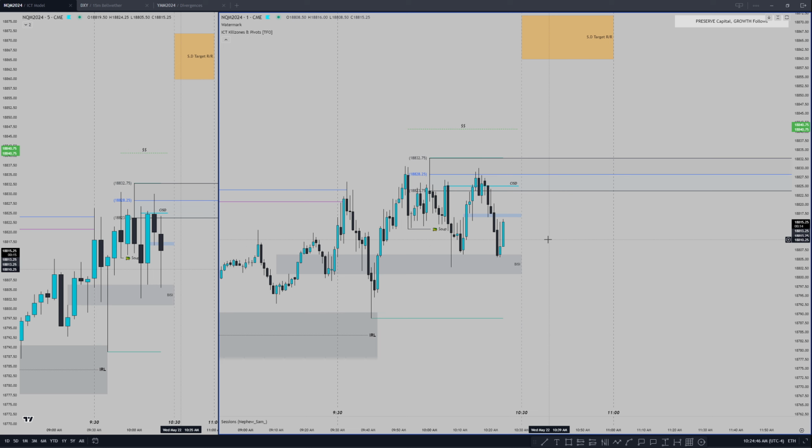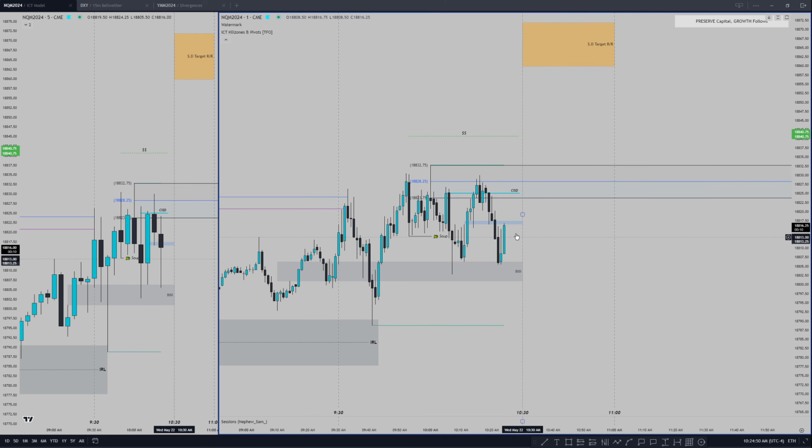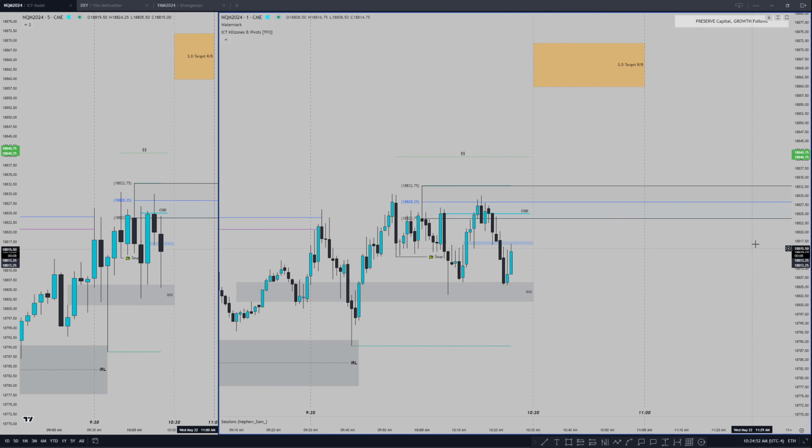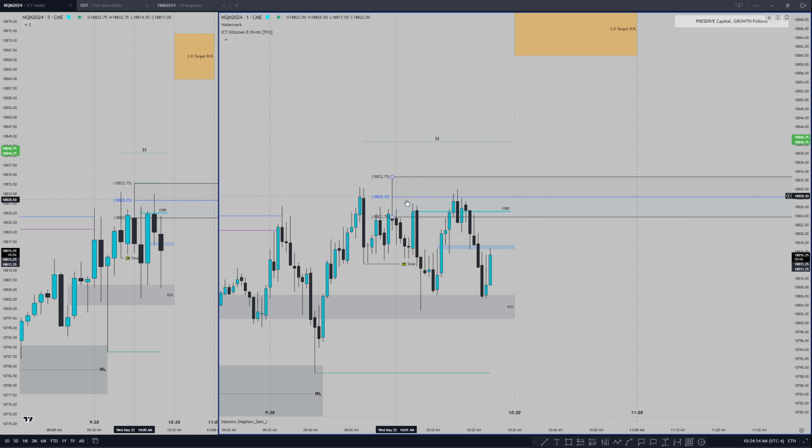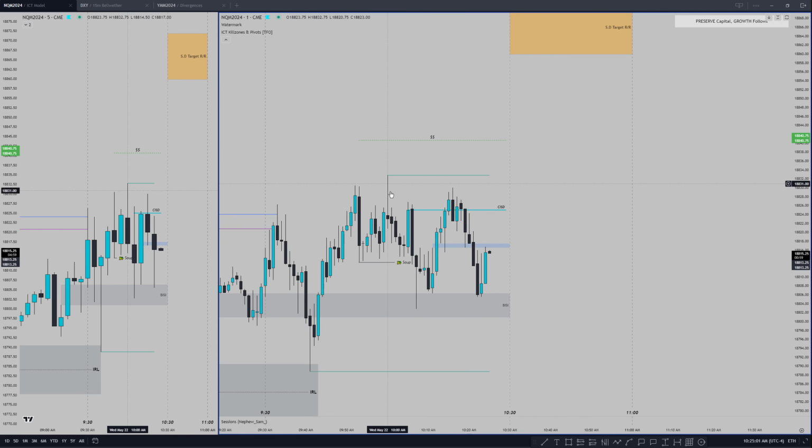Two times they got wicked out. I mean, look in here though, too. Look at the candle bodies closing below 50% of the wick. It's a rejection block.